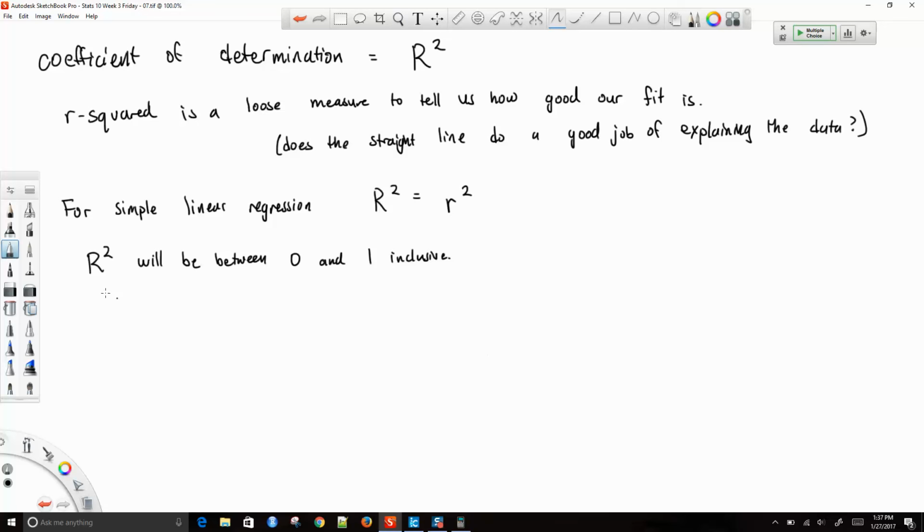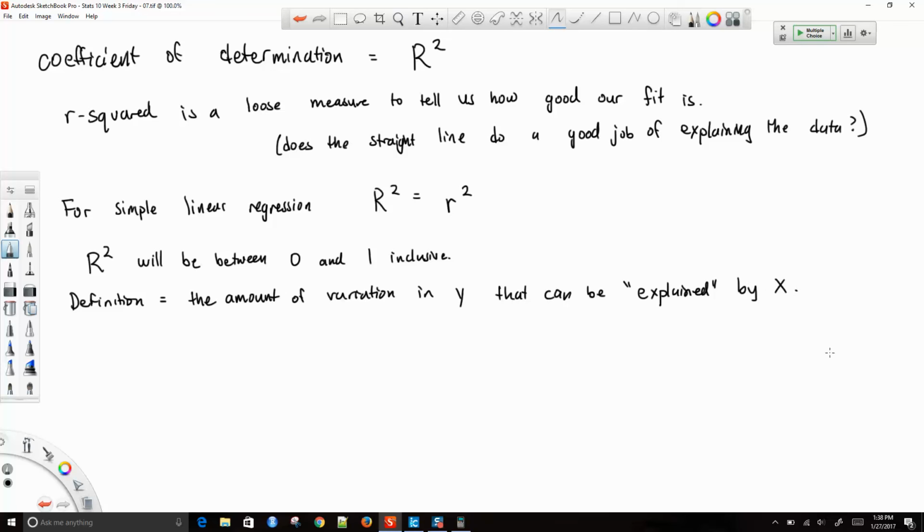And the definition of r squared is the amount of variation in y that can be, and I'm going to write, quote, explained by x.